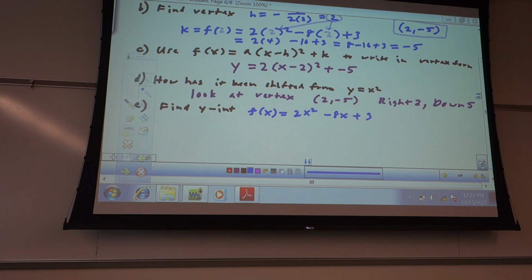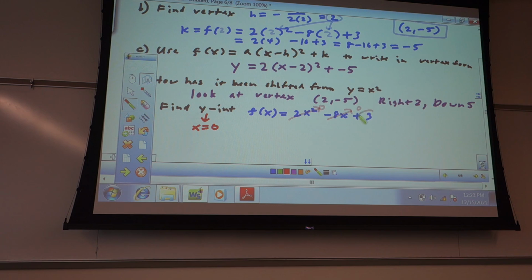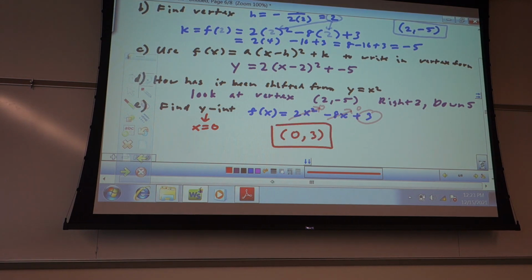Y-intercept means x is 0. So that means that this goes away. This goes away. I'm just left with this. So it's going to be 0 comma 3. Your initial amount.